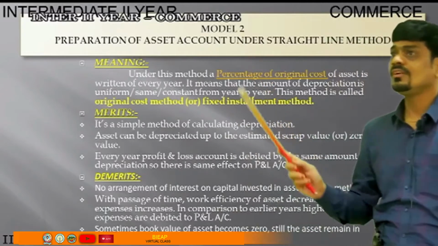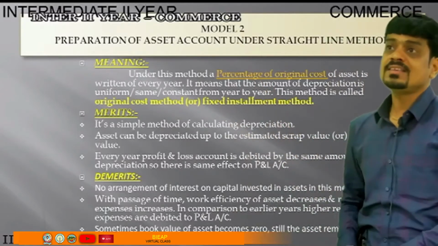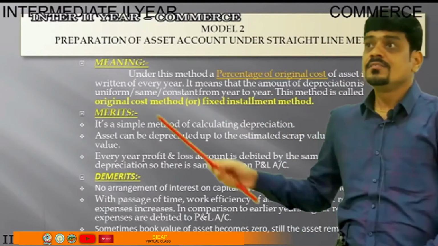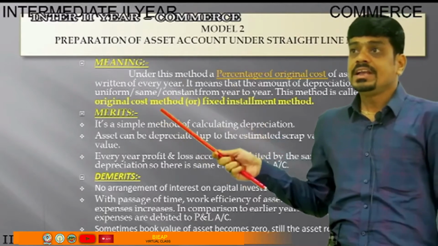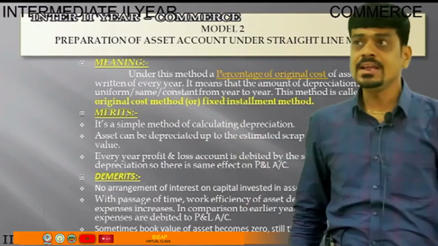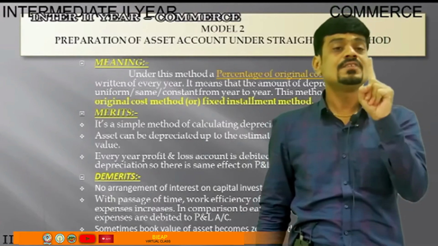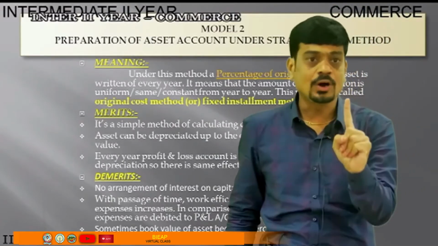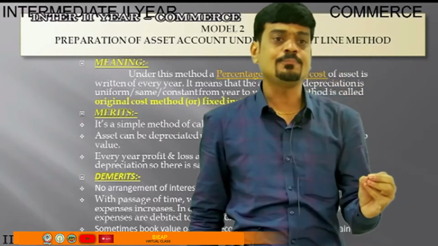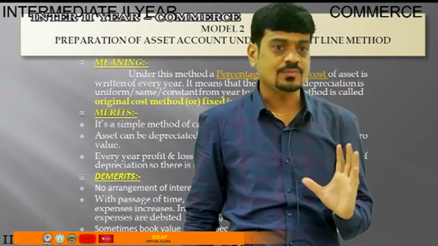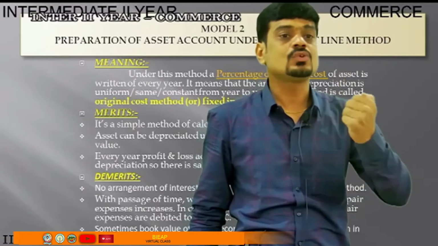Now, when we look at the merits and demerits of this method, we see that it is a very simple method of calculating depreciation. Why is it simple? Because in this method we calculate depreciation only one time. Say for example 10,000 rupees depreciation we got, that will remain constant. So calculation became simple.